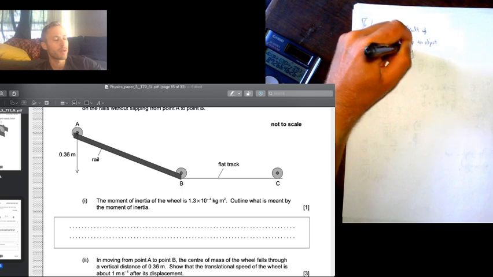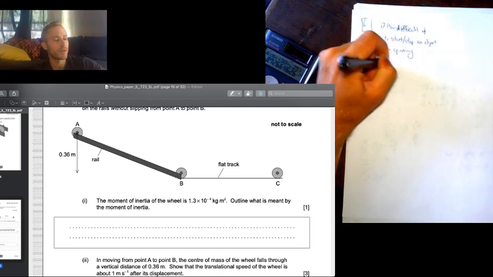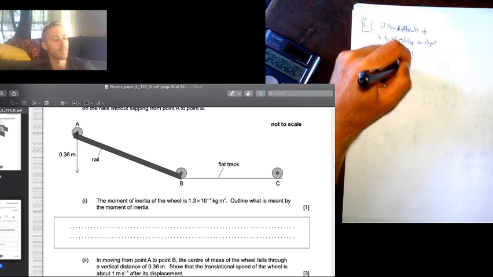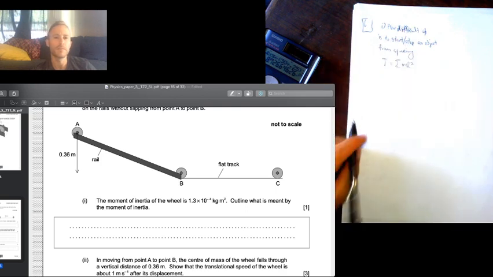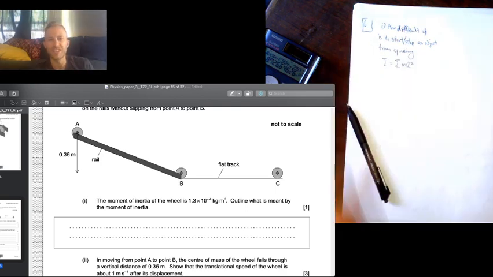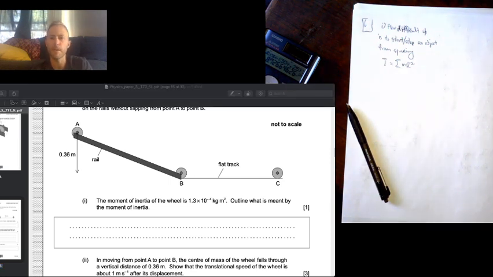Okay, the mathematical formula for inertia is sum over m r squared. So when they say outline, they sort of mean give an intuitive definition. Okay.